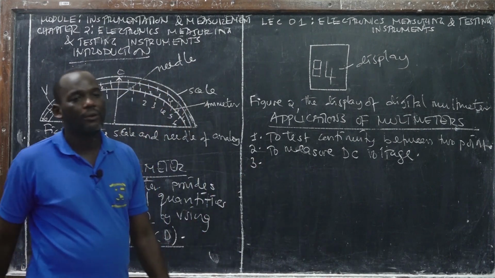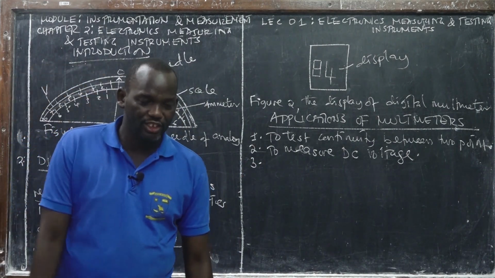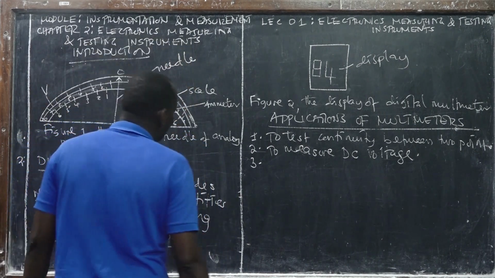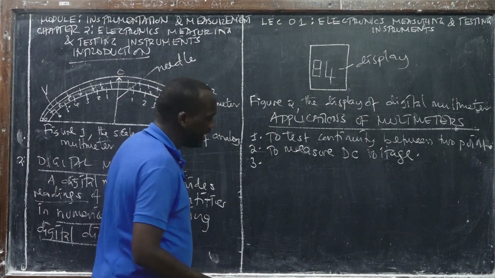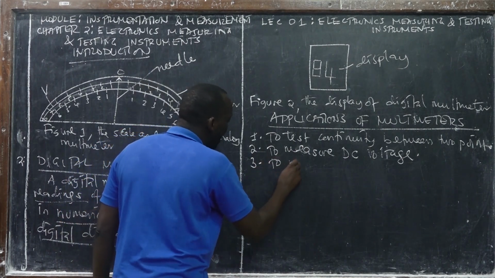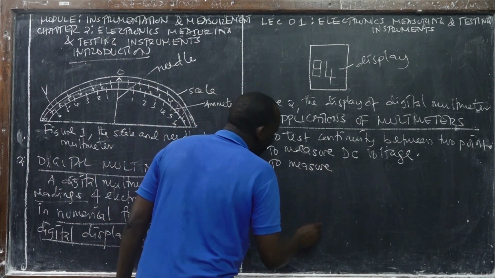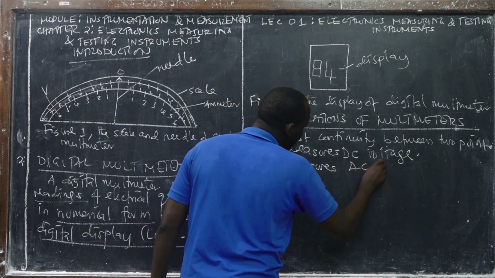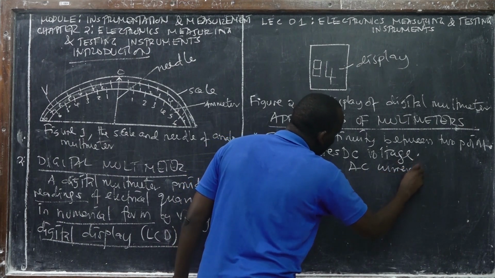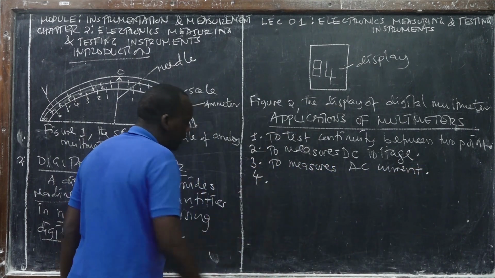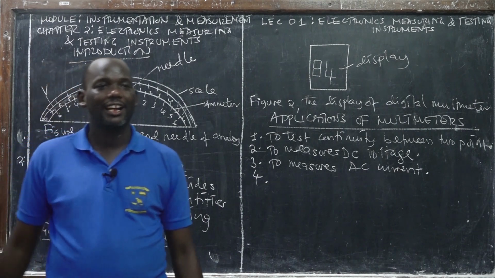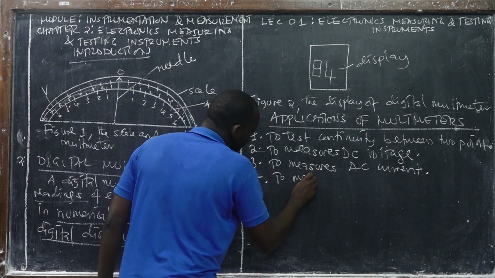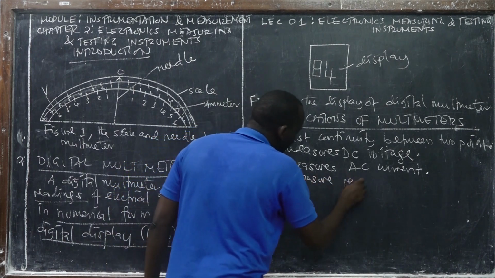Number 3, Hope. They say the functions of multimeter. To measure which type of current? AC current. So multimeter measures AC current. Kaundime, application number 4 of multimeter. To measure resistance. To measure what?